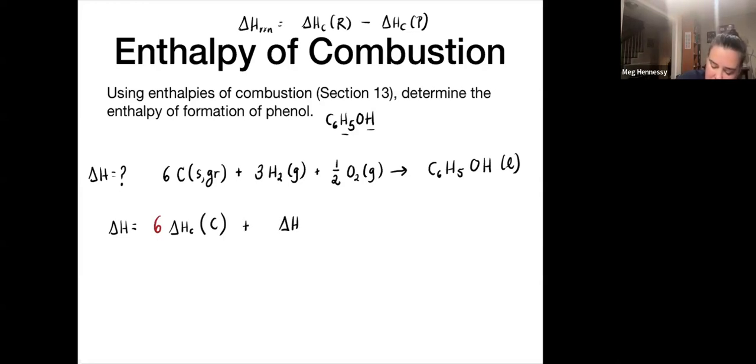So I'm going to take the delta H of combustion of hydrogen. And I'm not going to forget my coefficient. I'm going to multiply it by 3. And then I'm going to take the delta H of combustion of oxygen. And I'm not going to forget my coefficient. I'm going to multiply it by 1/2. And then I'm going to subtract the delta H of combustion of phenol.